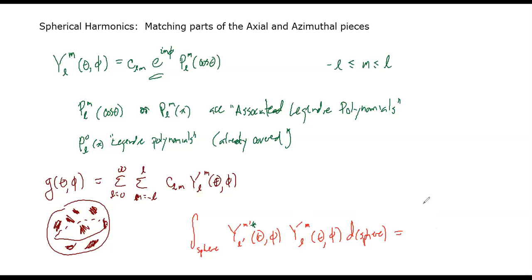Slightly less obvious, but I have two spherical harmonics. They're complete and orthogonal, and I compute their overlap. Maybe their indices don't match: I have M and M prime and L and L prime. Hopefully it's going to be some Kronecker delta. Yes, we got Kronecker delta L and Kronecker delta M. And in this case, we did it right.